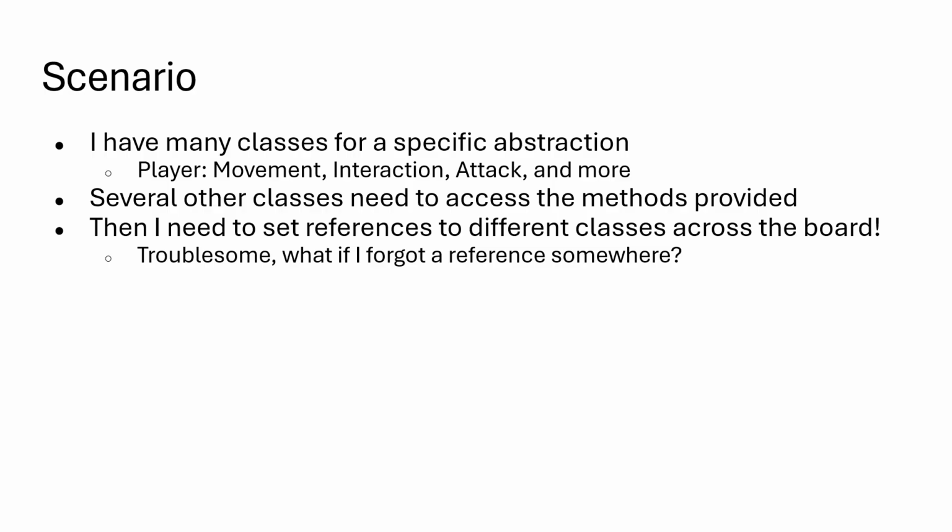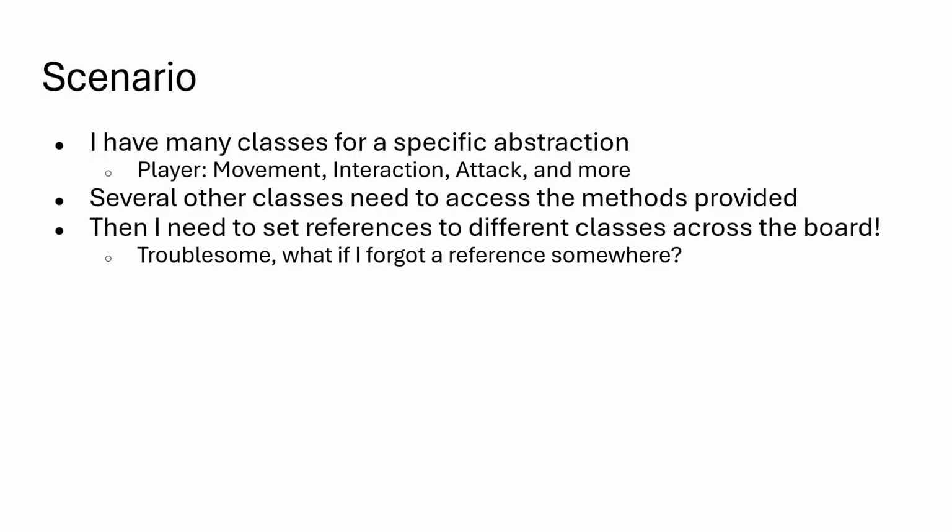So there are so many different classes that need to access the different classes inside of your player's abstraction. Then you need to keep on assigning different references to it, and at times it makes it very difficult to track which class has a reference to one of the components for the player.